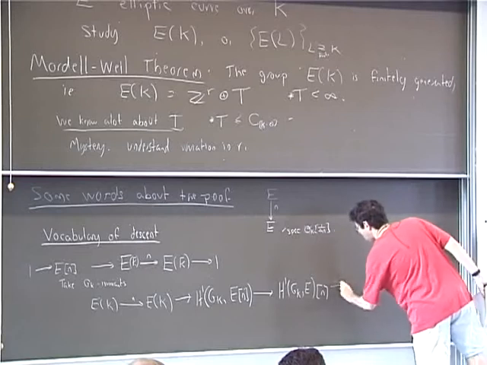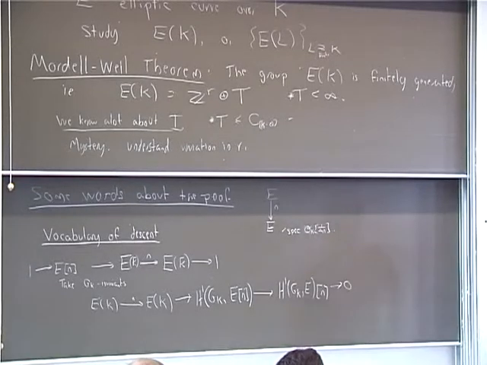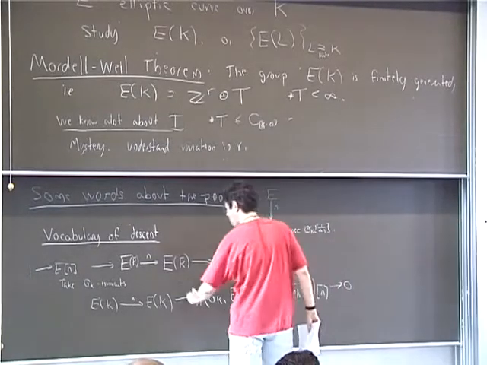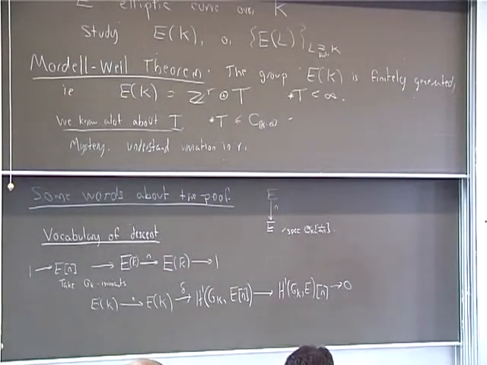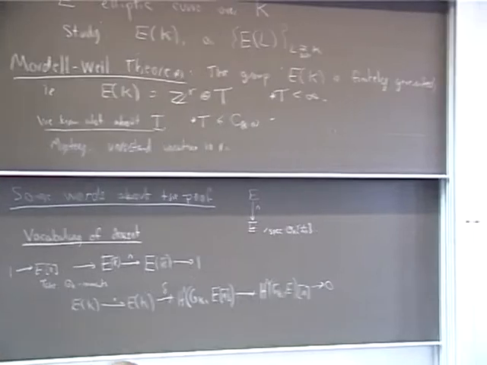So this is actually a surjective map. And of course, in this exact sequence, everything is fairly clear. The important map to understand is this one, which is called delta. So what we have then is a natural injection from E of K mod nE of K into H^1 of G_K with values in E_n.